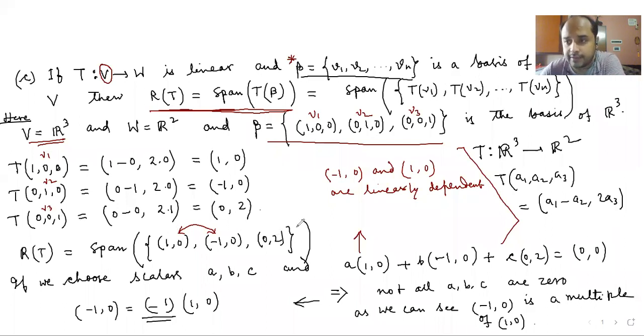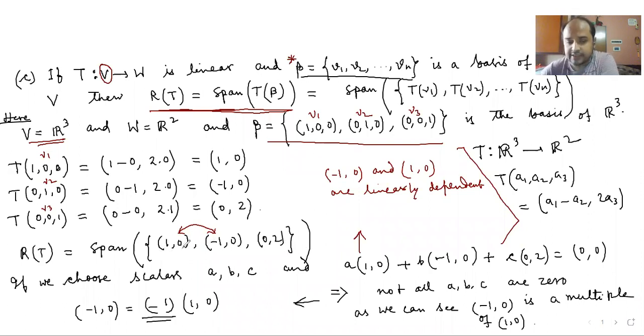Now we know that a particular set can span anything, but it will be a basis only if it is linearly independent at the same time. A particular set can be linearly independent, but it will be a basis only if it can span the subspace or the vector space. So we know that this set is spanning RT, but we have to check whether it is linearly independent or not.